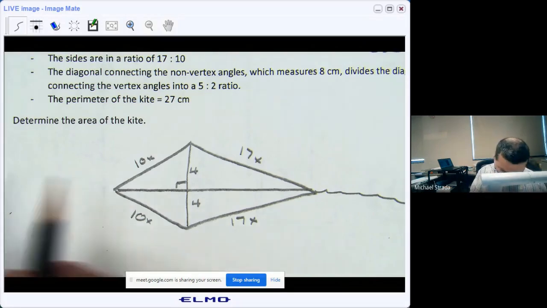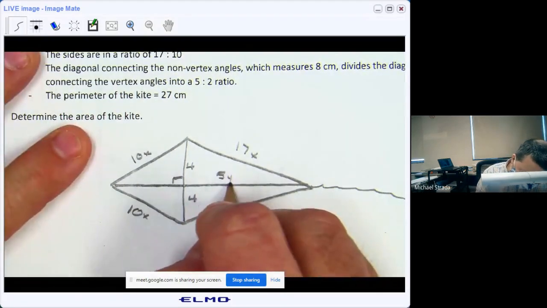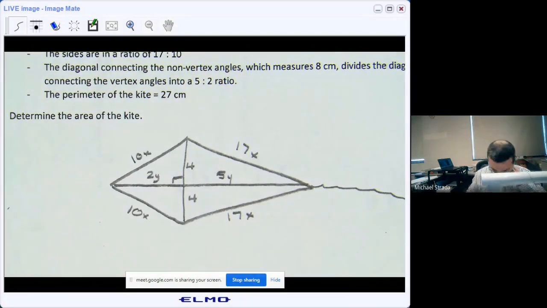All right. It then says that the other one is divided into a 5-to-2 ratio. Ladies and gentlemen, we got a pair of ratios, so we're going to have to use a different letter. Other than that, we're good to go. 5y, 2y. And then it says the perimeter of the kite equals 27 centimeters.